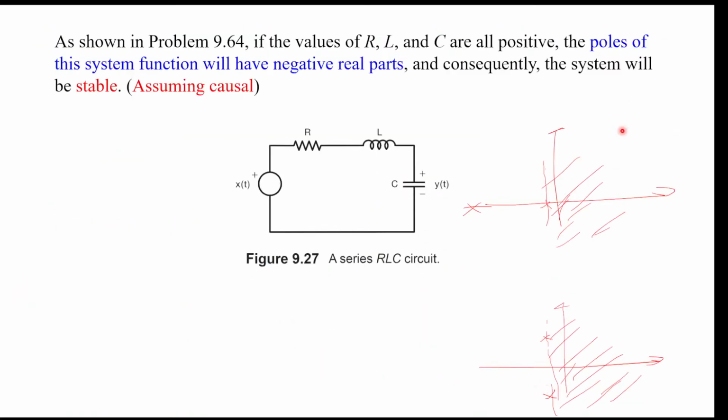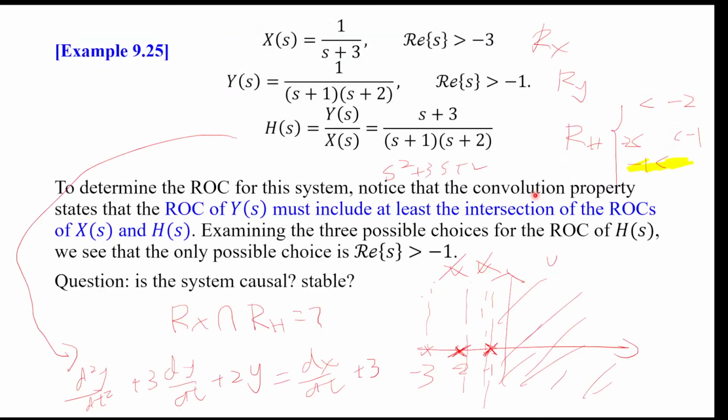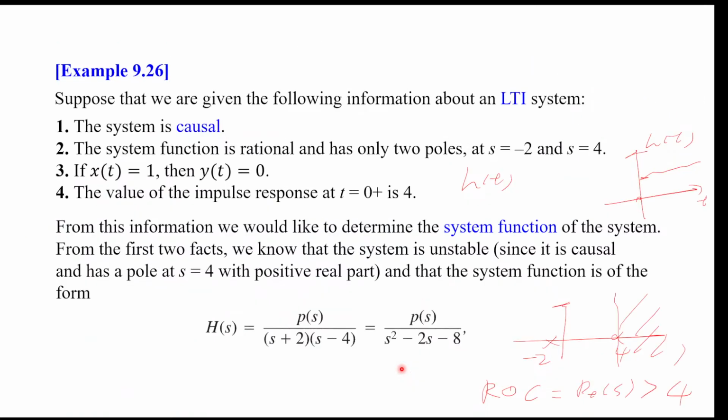So here we have seen that this system is causal and will also be stable, and here we also have a causal stable system, etc. And we can have more tricky analysis of the system function, like in this case. We can determine the system function by this kind of very complicated detective work.